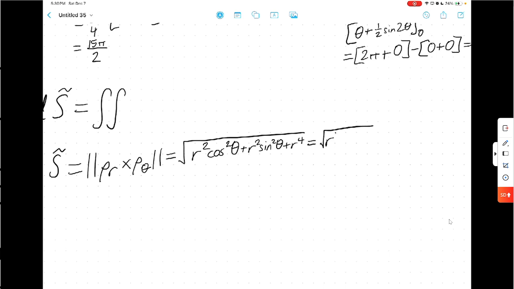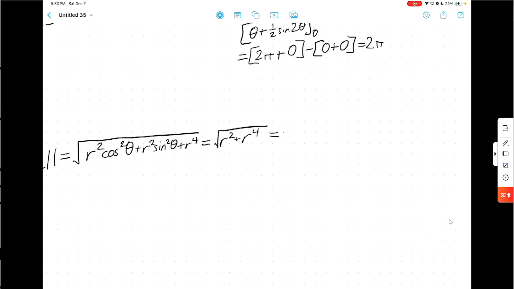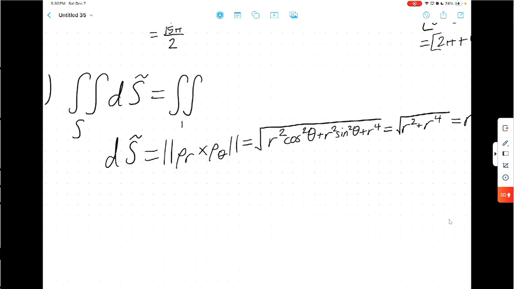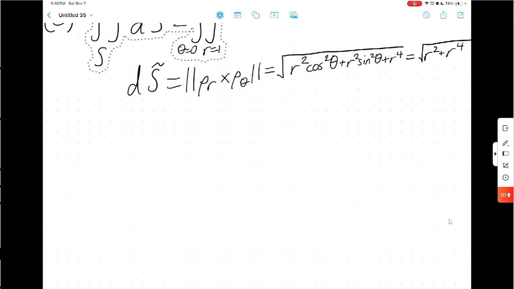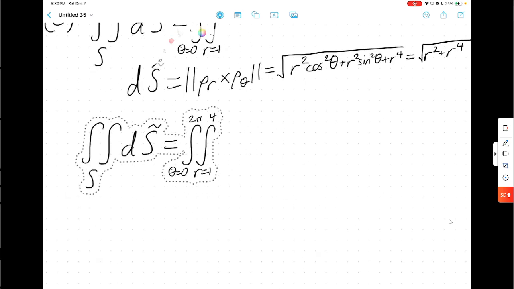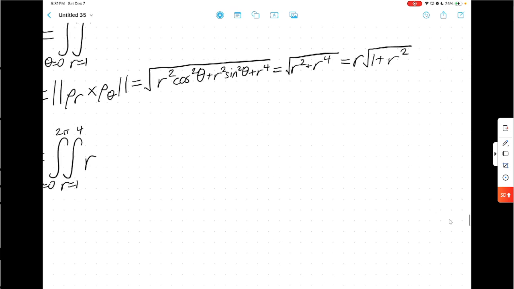This is the square root of r squared plus r to the 4th. And it looks like I'm going to have to factor out an r squared from that. So 1 plus r squared, and that's what I'm going to put inside there. Theta is equal to 0 to 2 pi. I'm going to move this down. Of r times root 1 plus r squared dr d theta.